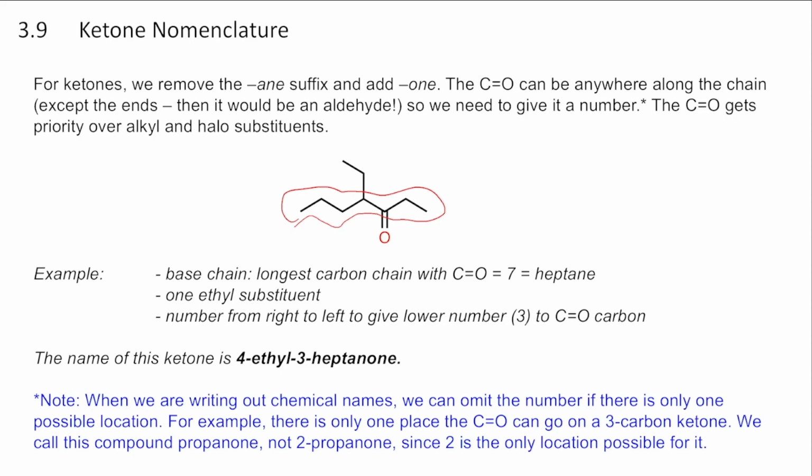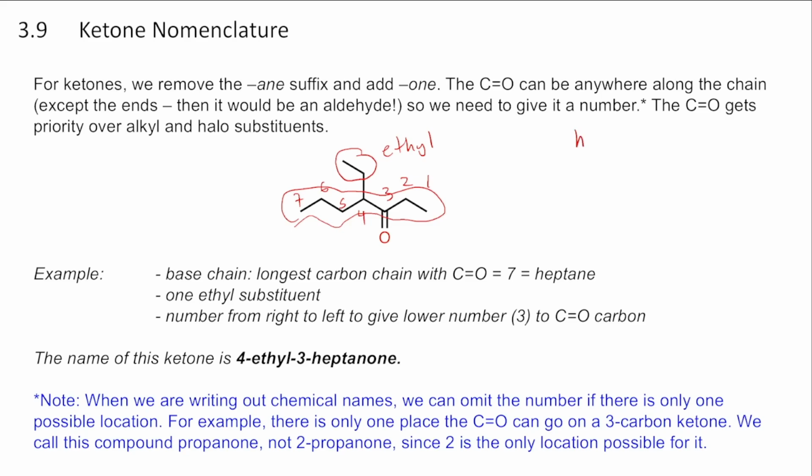And we want to number it from the direction that gives the lowest number to the ketone carbonyl oxygen carbon double bond, which is 1, 2, 3, 4, 5, 6, 7. We have a substituent here, which is an ethyl on carbon 4. Priority goes to the carbonyl group when we're numbering it.